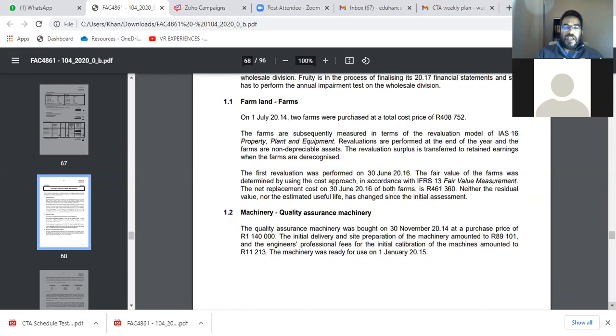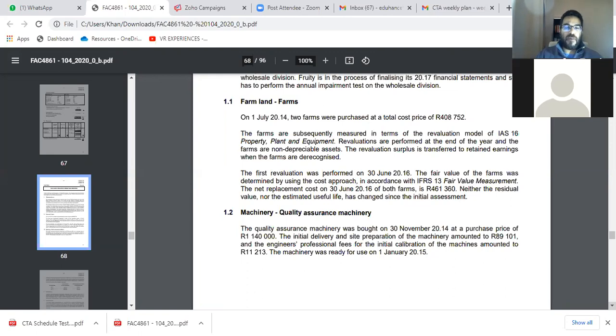Now remember, IAS 36 says that an impairment loss must be recognized immediately through profit or loss. But then the standard goes further and says that if you have a revalued asset, the impairment loss must first reduce the revaluation until the revaluation is zero, and then any remaining impairment is recognized through profit or loss.